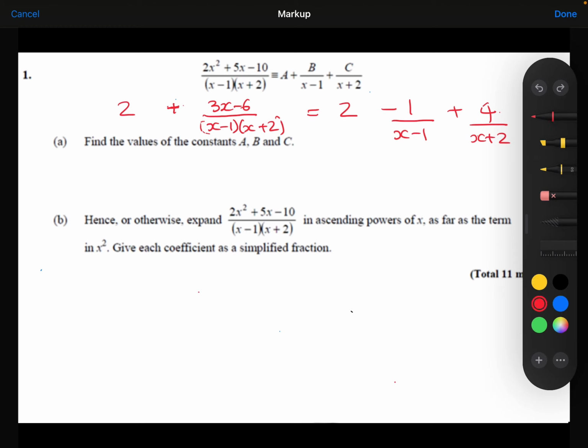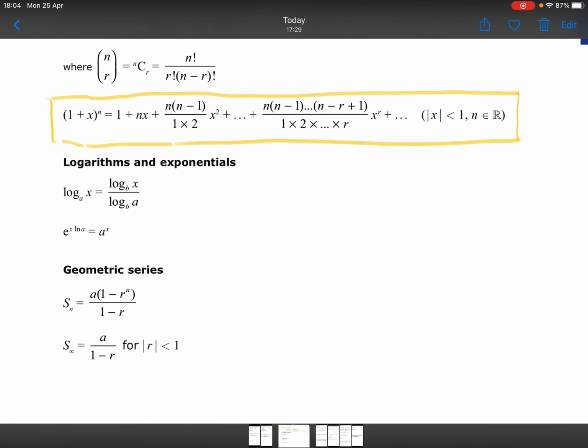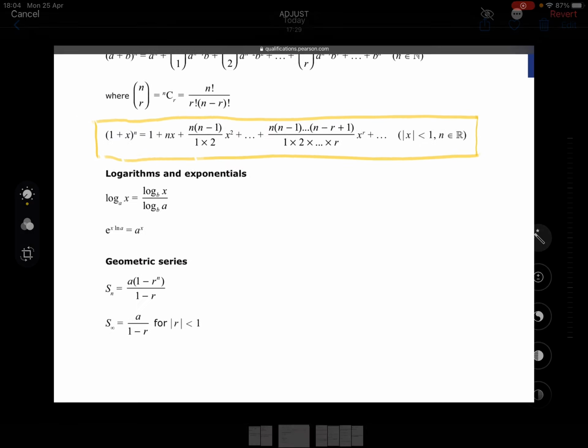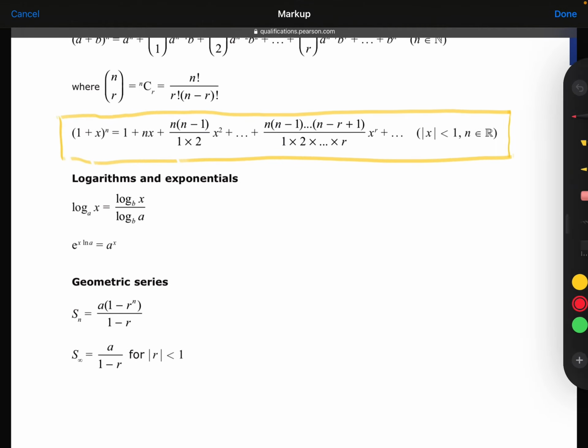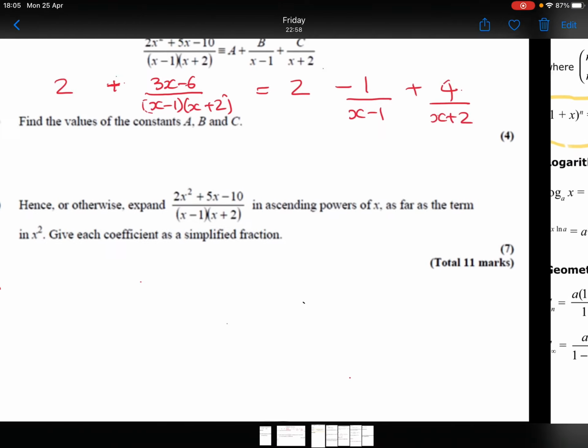So let's work out each of those terms. The 1 over x minus 1, I want to expand that. In order to use the formula we get given in the formula booklet, which is this, notice that I want to have a 1 at the front and the x at the end. So let's go back.